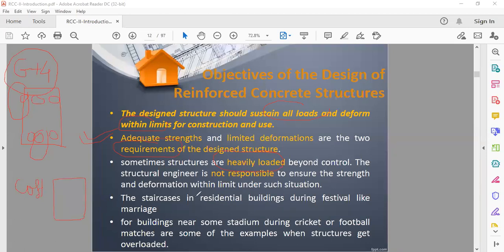Staircases in residential buildings during festivals play a role in this kind of thing. There are certain structures that get overloaded sometimes, in certain situations.